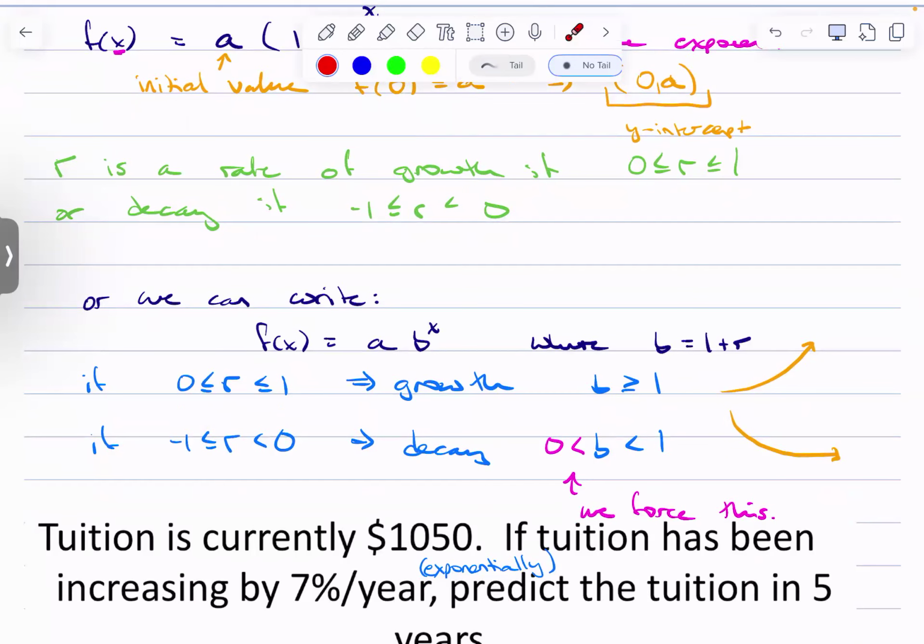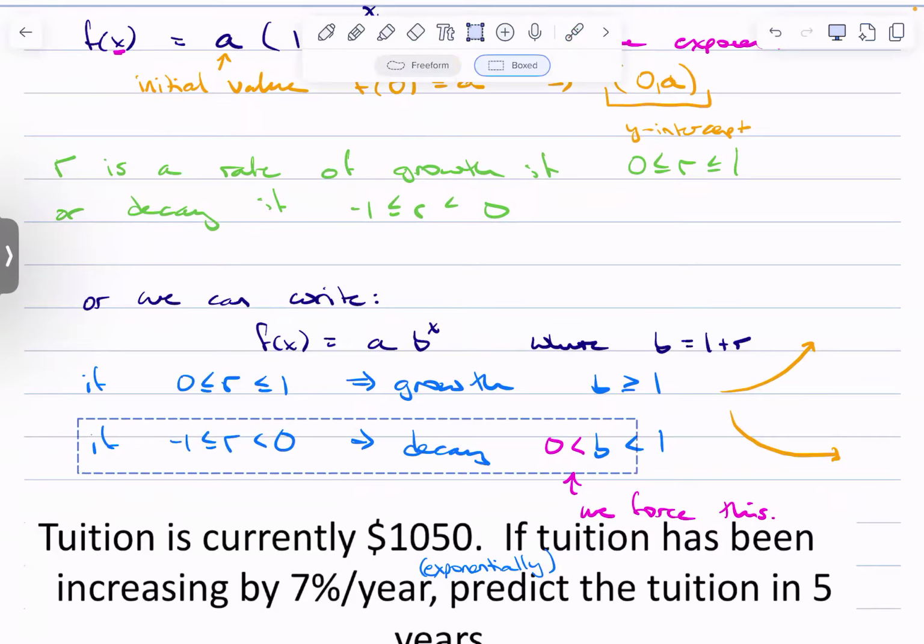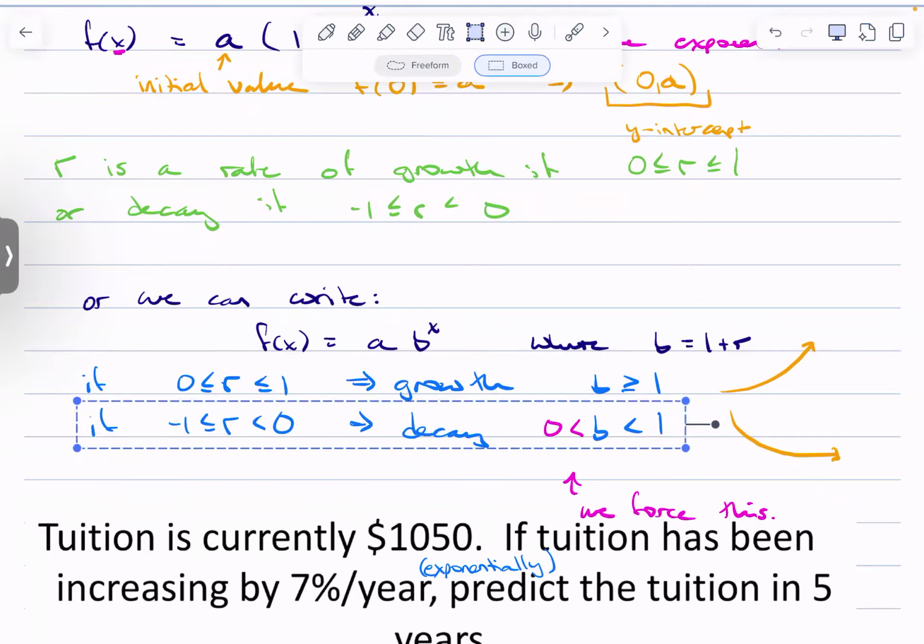What we're going to find is that we can write that f of x is a times b to the x. We said, okay, well, more likely we'll probably just be using this simpler version of the equation, where b is 1 plus r. And I feel like I changed these before class, but oh well.